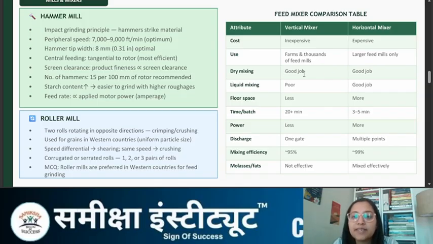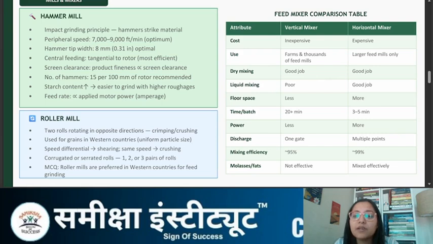There is dry mixing, but in the case of horizontal, there is liquid mixing as well. In a vertical mixer, there will be poor liquid mixing, but the horizontal mixer will have better liquid mixing. Liquid mixtures can also be prepared through this horizontal method. In the case of a vertical mixer, lesser floor space is required, but in the case of horizontal, you will require more floor space because these are basically used for commercial mills.